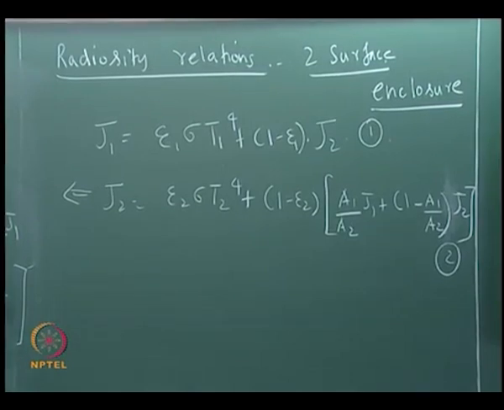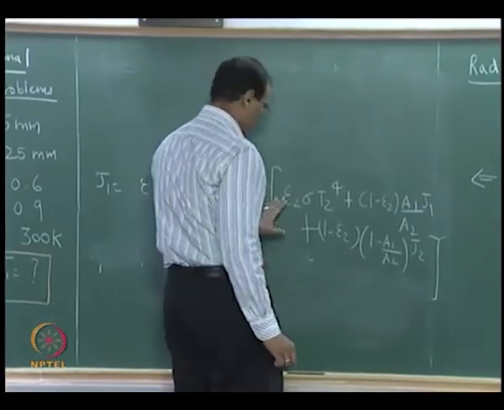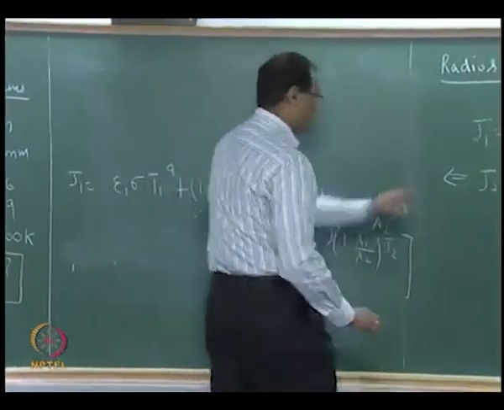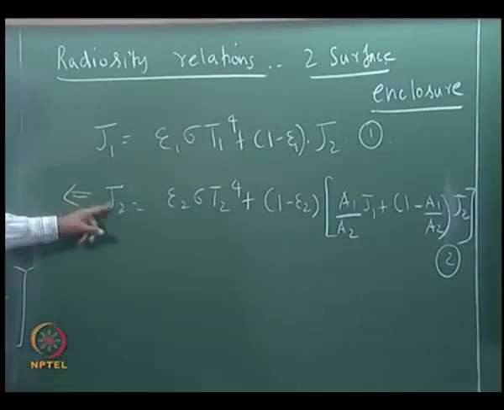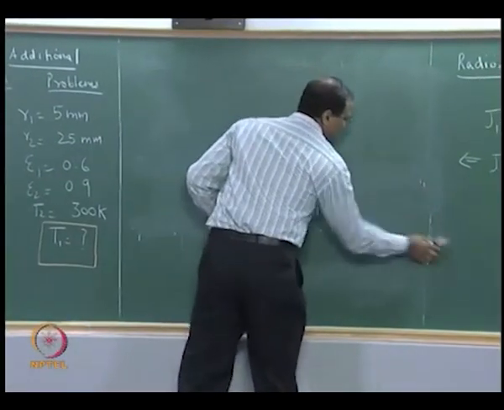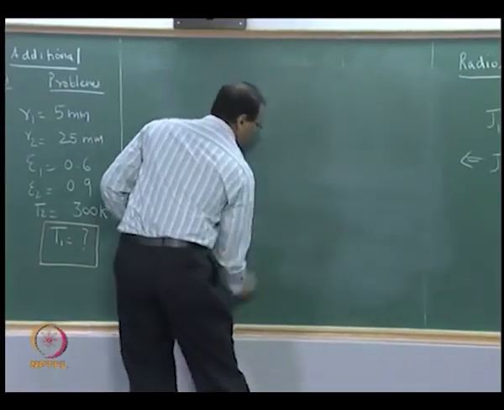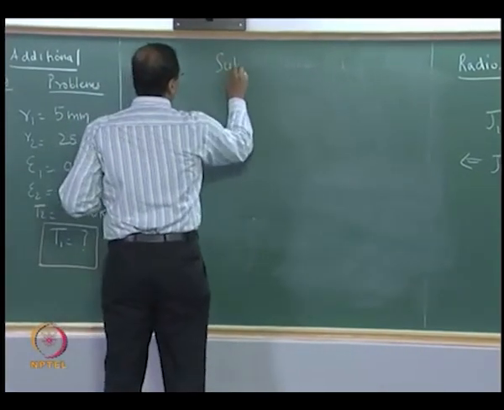Where is this? No, epsilon 2 sigma is fine, no? No, no, this is fine, but I have to do work on this further, right? Yeah, that is better. Okay, that is better, right? Yeah. So, substitute for J1 in equation 2. That's good. Okay.